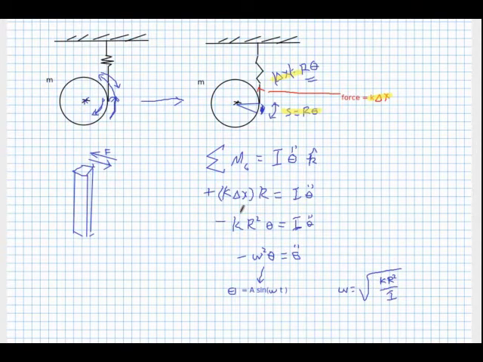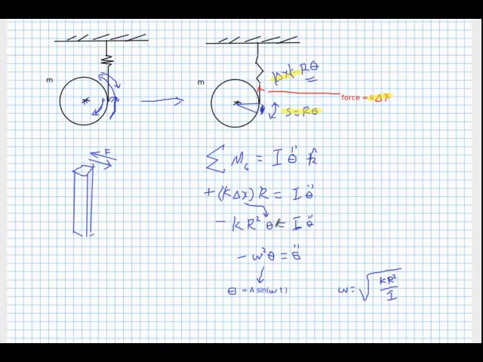Okay, now note though that if the disk rotates in the clockwise direction, that actually corresponds to a negative change in the angle. So when I replace the delta x with the r theta, I have to pay attention to the sign here.